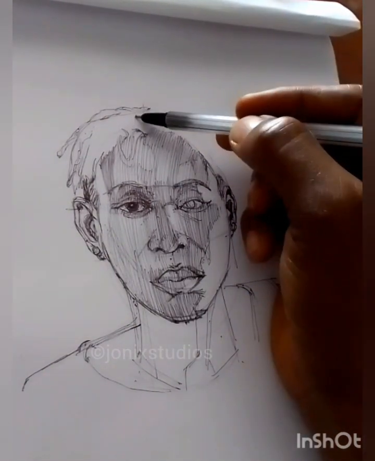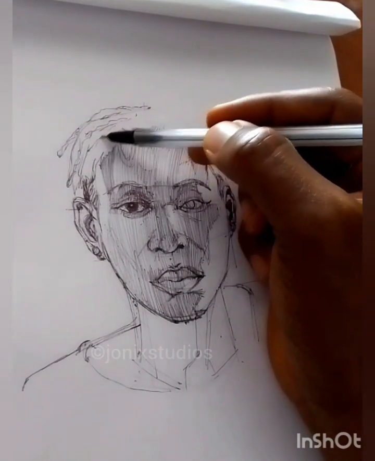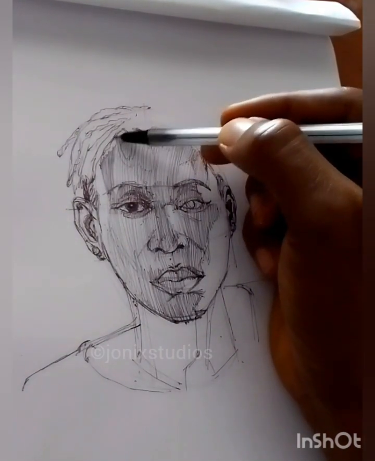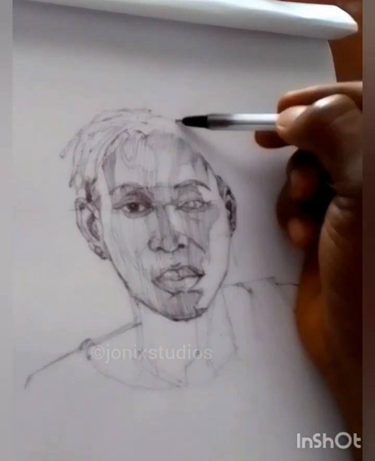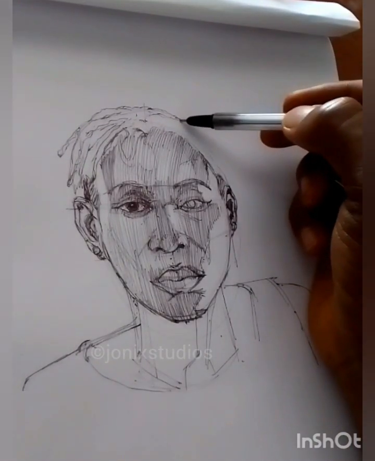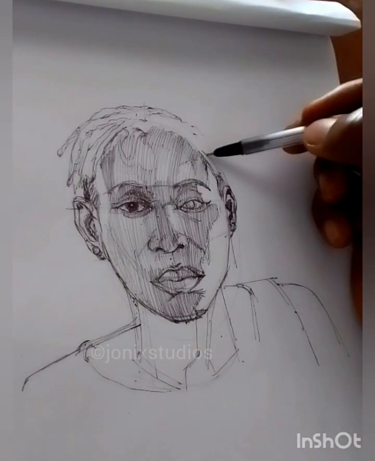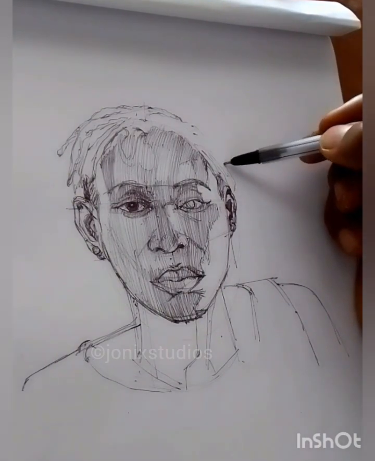This hair. You see, I'm picking them out one by one. You take your time to draw them out. But if you're drawing them right, before you know it, you are done. And you'll be happy with what you have done. Okay, so picking it out. Here.